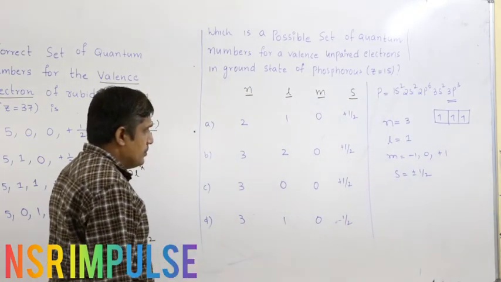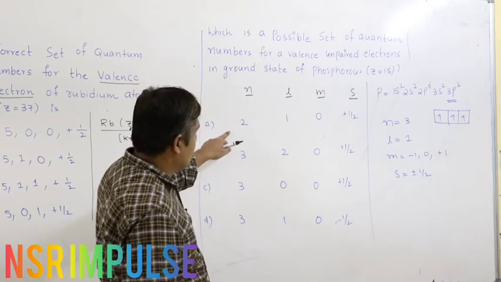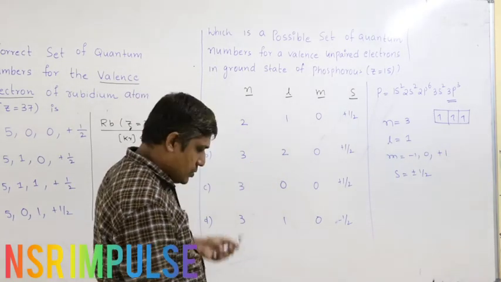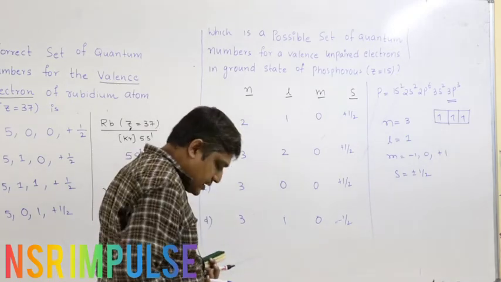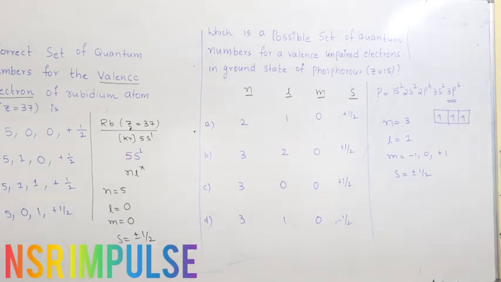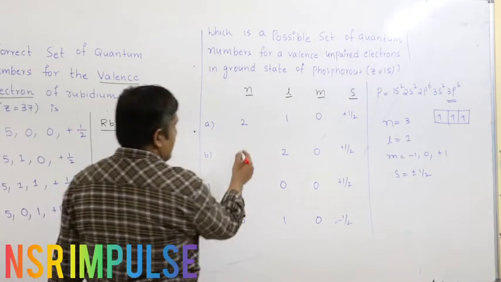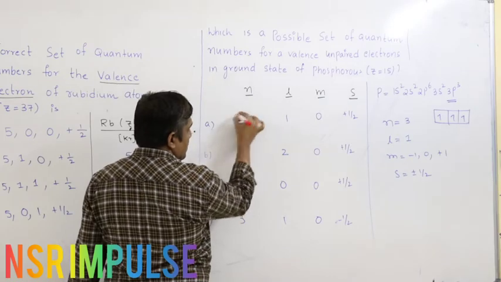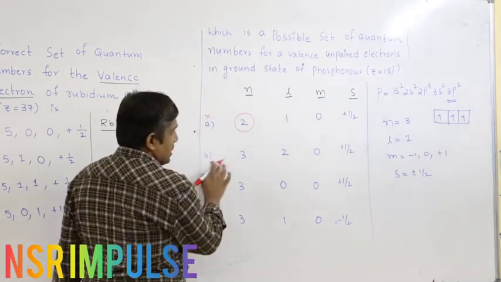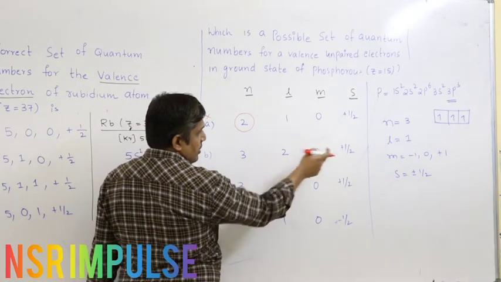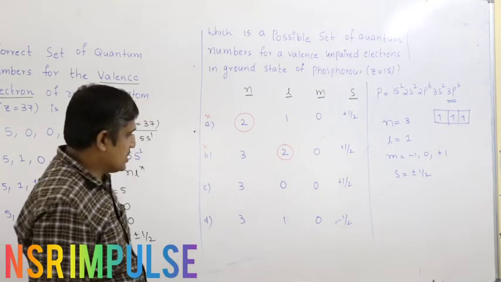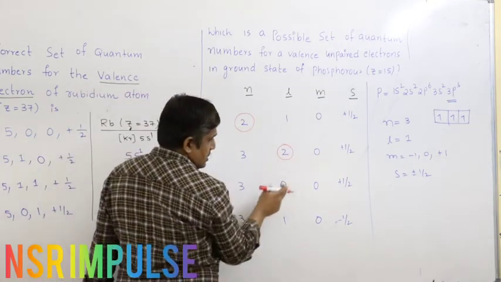So n is 3. It cannot be A. It cannot be B because L is given as 2, which is incorrect. In the first option, n is 3 but here n is 2, so this cannot be the answer. In the second option, n is 3, correct, and L should be 1, but here it is given as 2, so this cannot be the answer. Next, n is 3, correct.